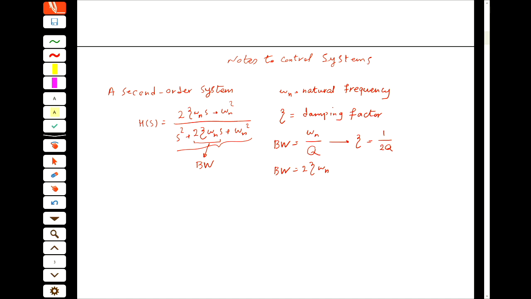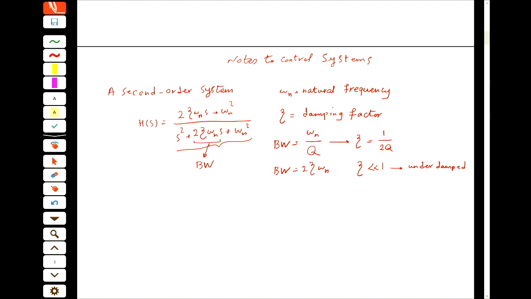For different values of zeta, we have different types of response for this system. If we have zeta much smaller than 1, then we call this an underdamped system, and the system has lots of overshoot and oscillation.